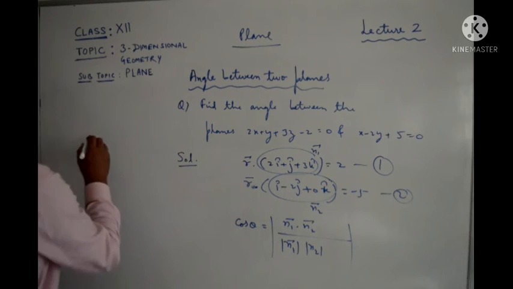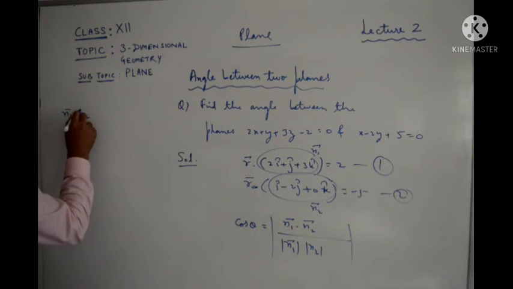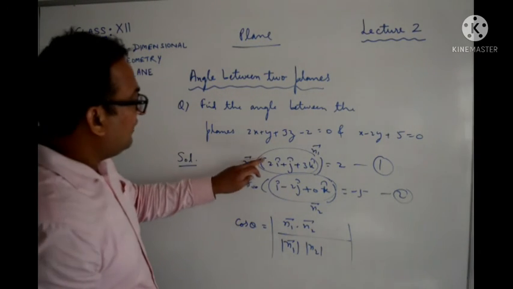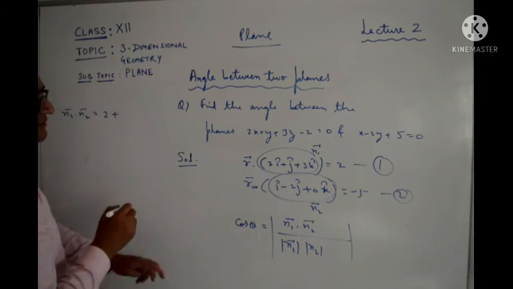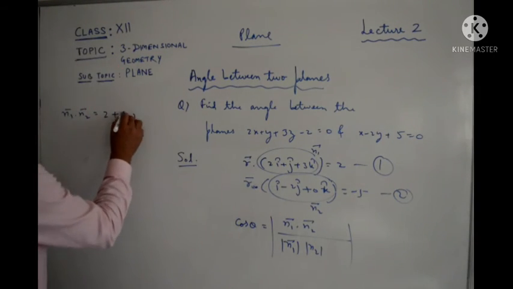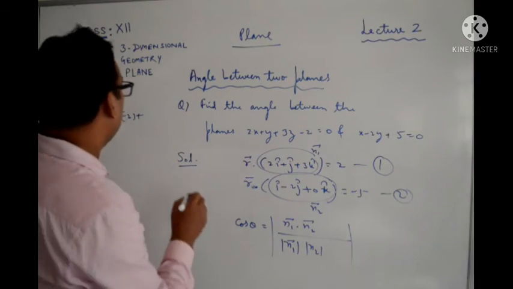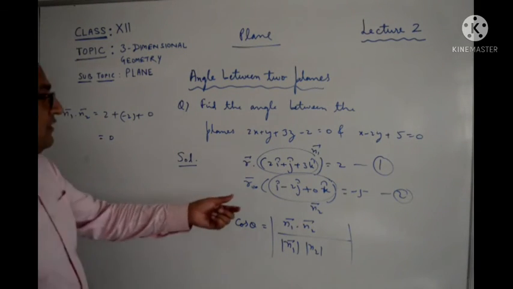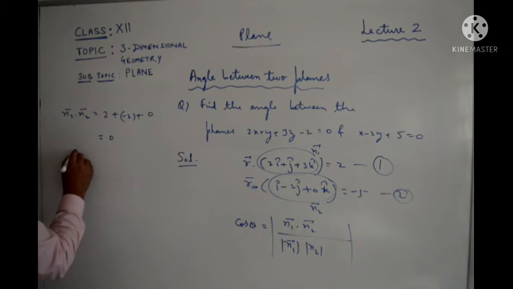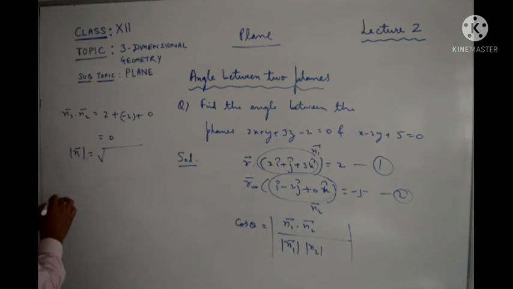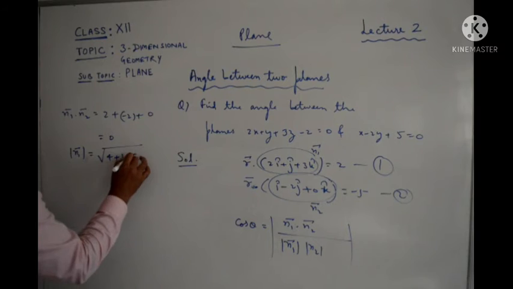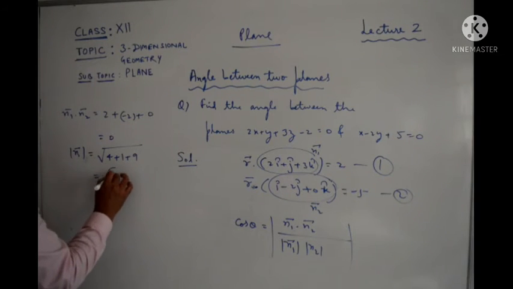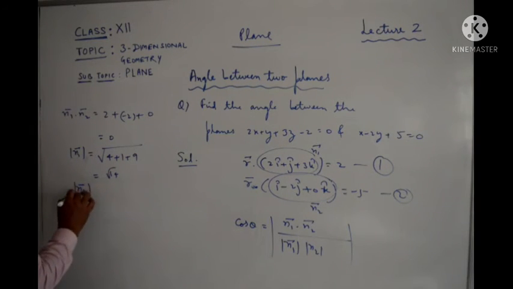n1 dot n2 you can easily calculate: for the dot product we have 2 plus -2 plus 0, so the dot product is 0. What is the magnitude of the n1 vector? It is the square root of 4 plus 1 plus 9, that is square root 14. What is the magnitude of the n2 vector?